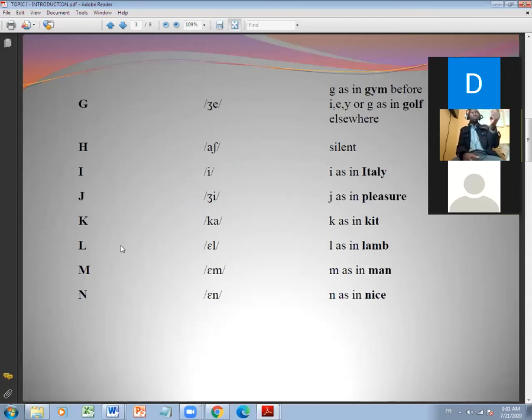So we say Q, then R, okay? S, T, U, V, W, X, Y, Z.